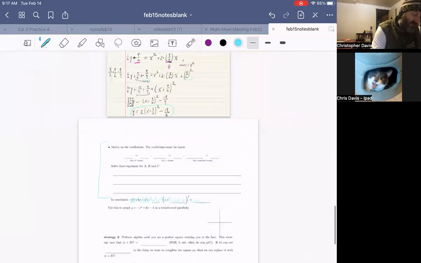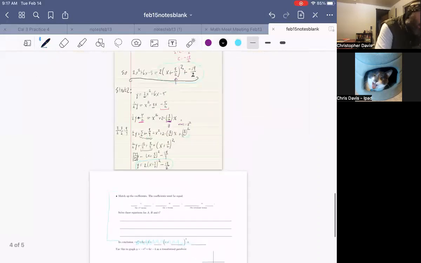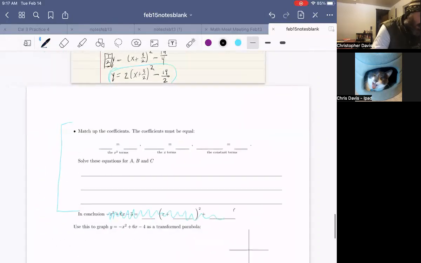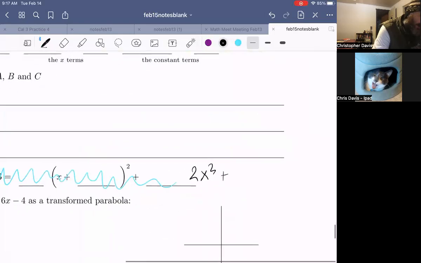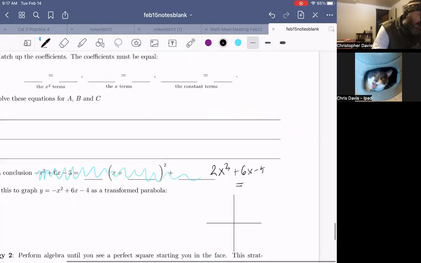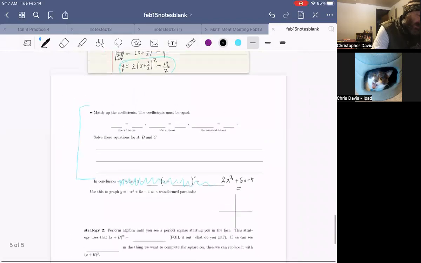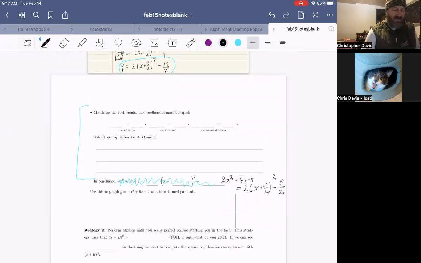In conclusion, 2x squared plus 6x minus 5 is equal to 2 times x plus 3/2 squared minus 19/2.